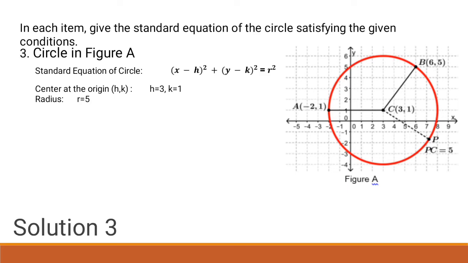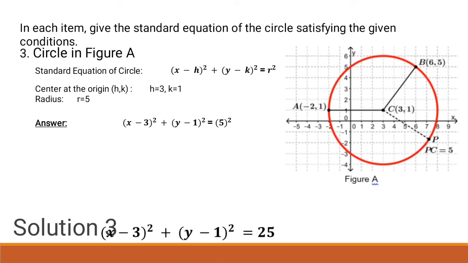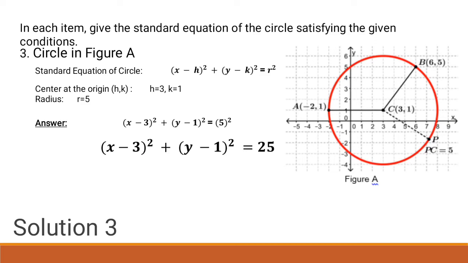Our radius is equal to 5. We substitute it into the standard equation of the circle, (x - 3)^2 + (y - 1)^2 = 5^2. And our answer is (x - 3)^2 + (y - 1)^2 = 25.